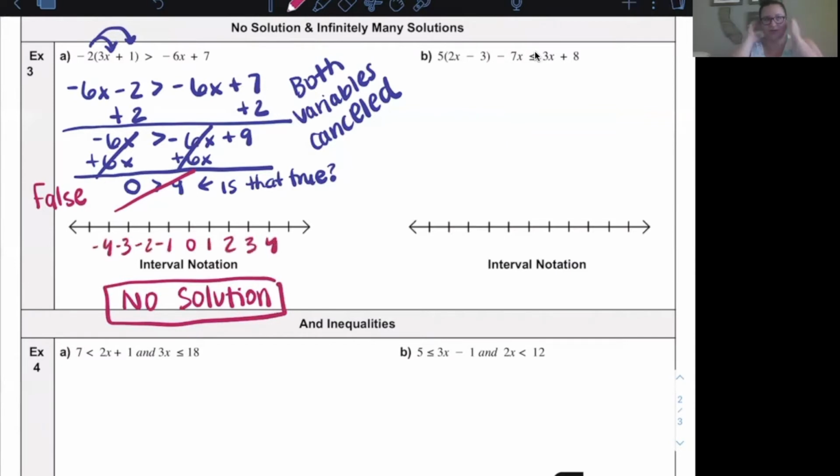Do we have anything to graph? No, we don't. So because there's nothing to graph, you're literally just going to leave your number line blank. And we have no interval notation here because there is no value that our variable can be. So your answer is just no solution.